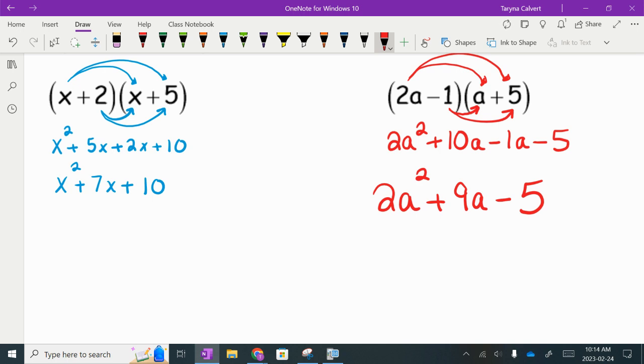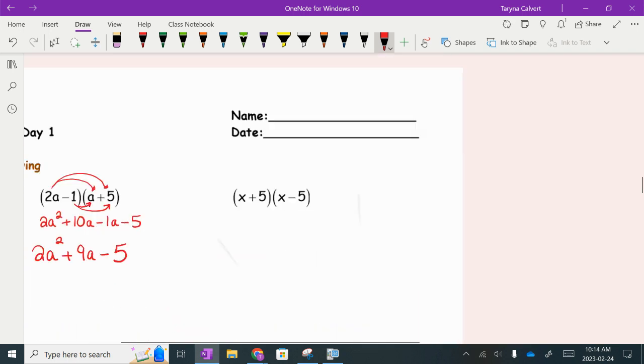Any questions or concerns with the second one? We're all good with 2a squared plus 9a minus 5? Okay, let me catch up with the last one.